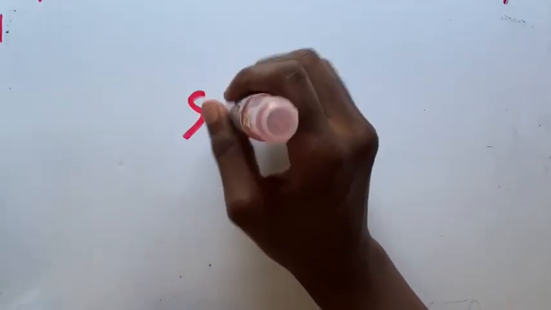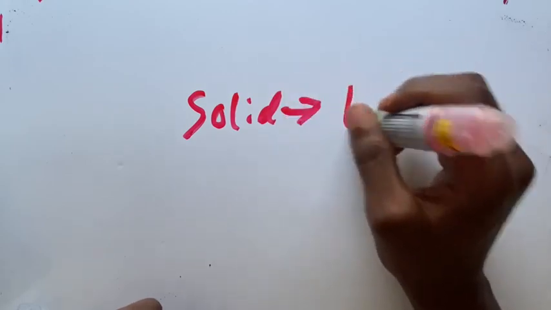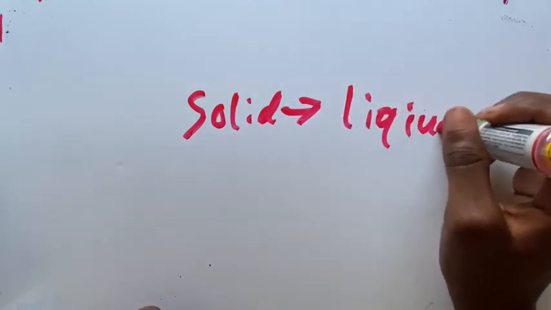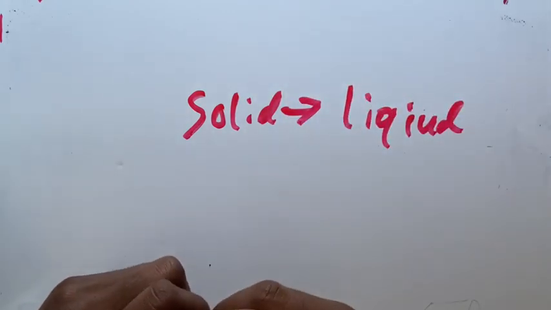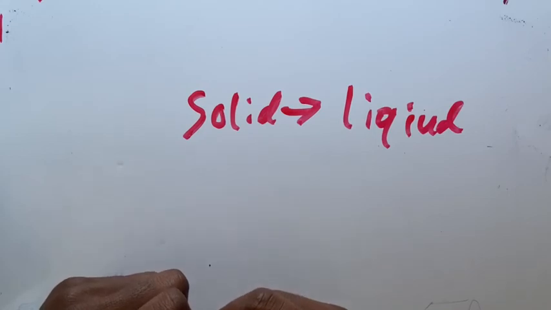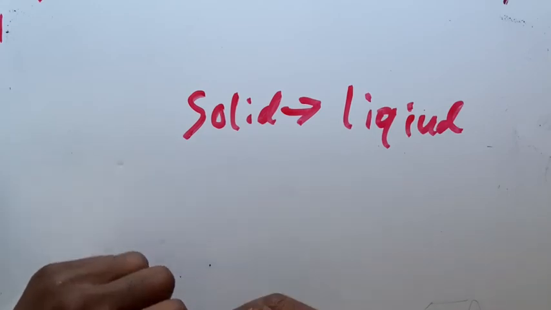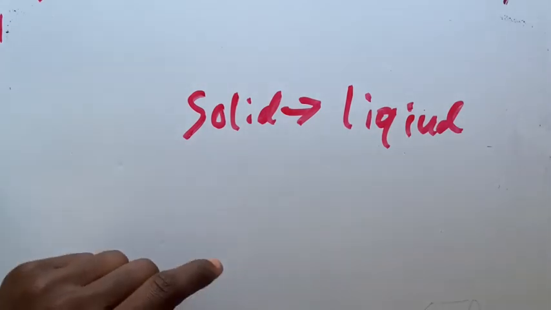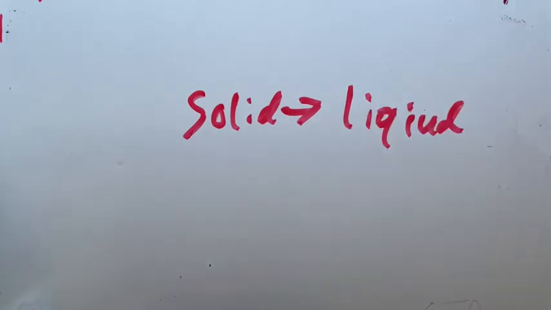Let's see, 46 says, when a solid is changed to a liquid, energy is absorbed, released, or neither. Well, for a solid to become a liquid, energy has to be absorbed, right?